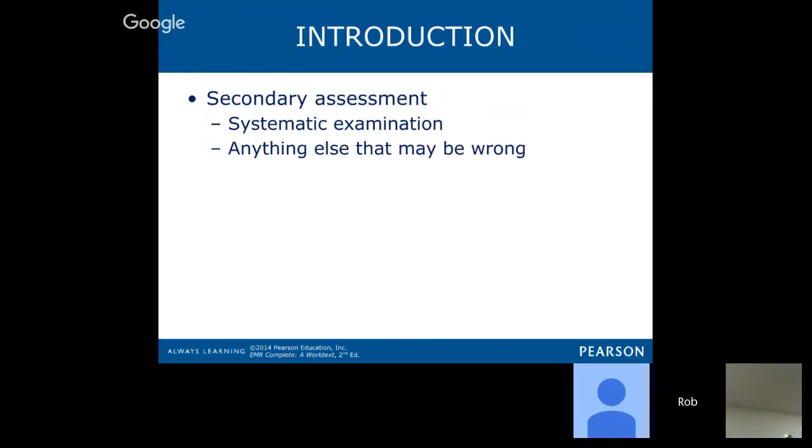Secondary assessment, systematic examination, anything else that may be wrong. So we've already gone through and addressed our ABCs and any life-threatening injuries, correct? So now we're going to go back and do this systematic examination. So for a trauma patient, we're going to do a head-to-toe assessment.